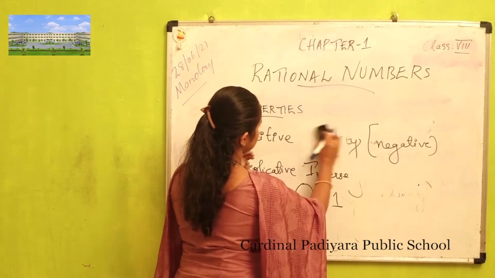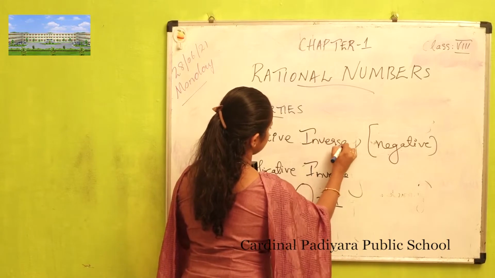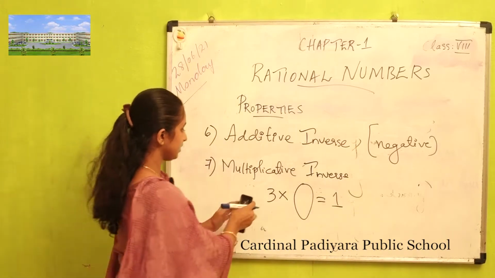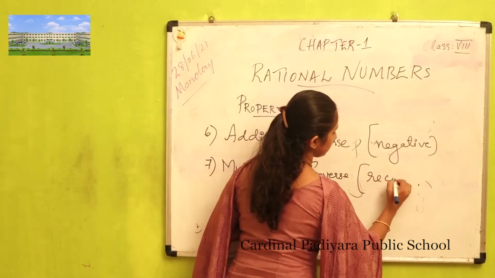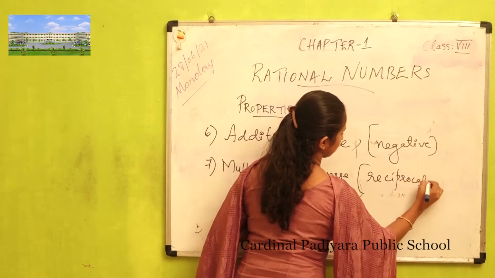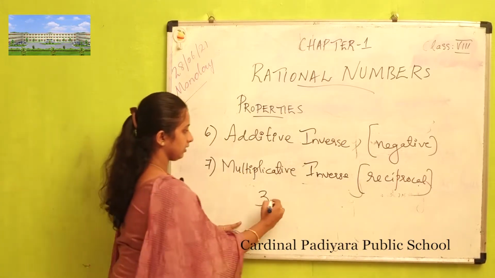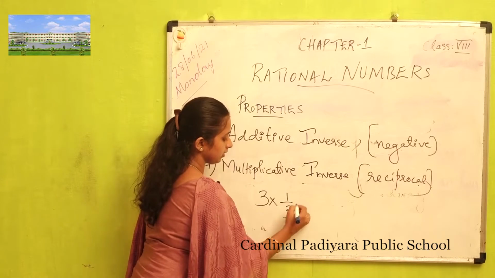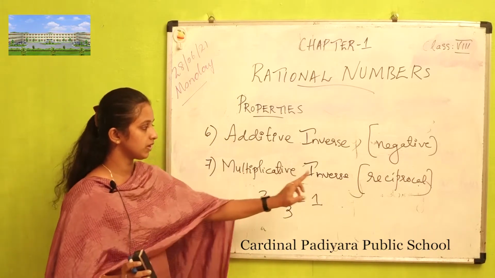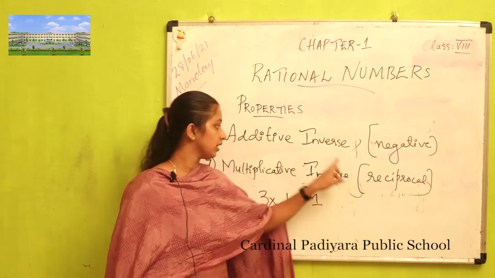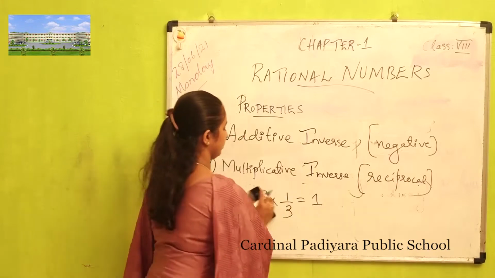Here also it is inverse. So multiplicative inverse is a reciprocal. If 3 is a number, then 3 into 1 by 3 we are getting the answer 1. So multiplicative inverse means we have to take the reciprocal of the number, and additive inverse means we have to take the negative of the number.